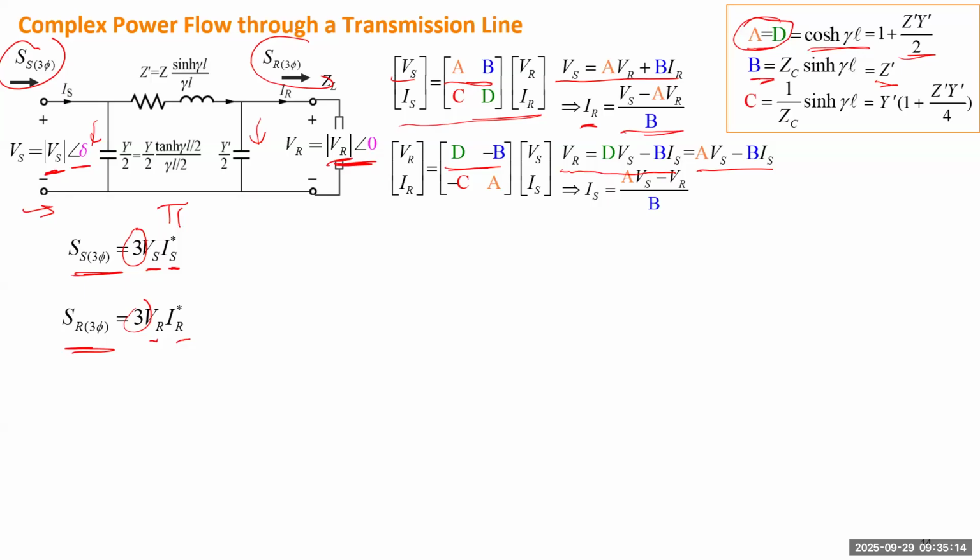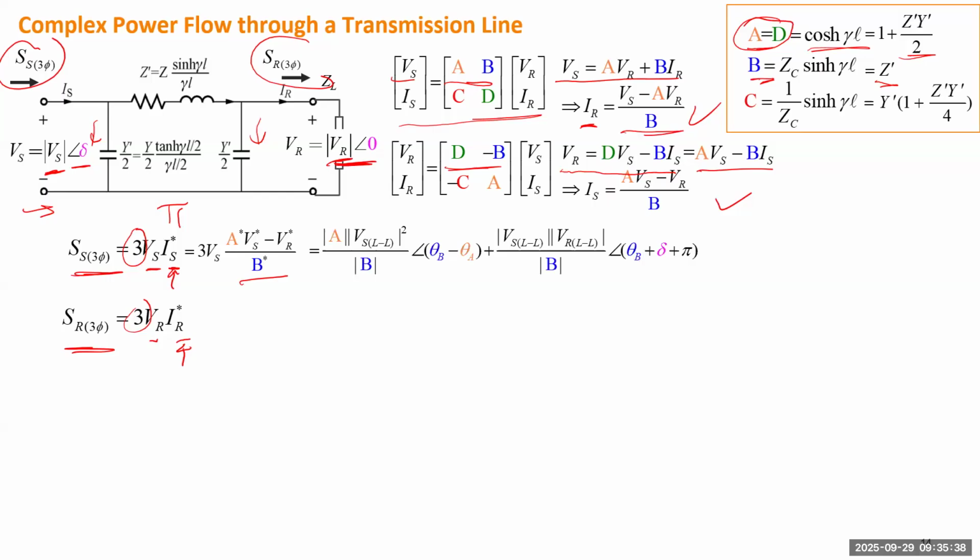That's what we learned starting from section B. So next we just plug in the expression we got for IR and IS, so we'll have a formula for the complex power that only depends on the voltage phasors on both sides.